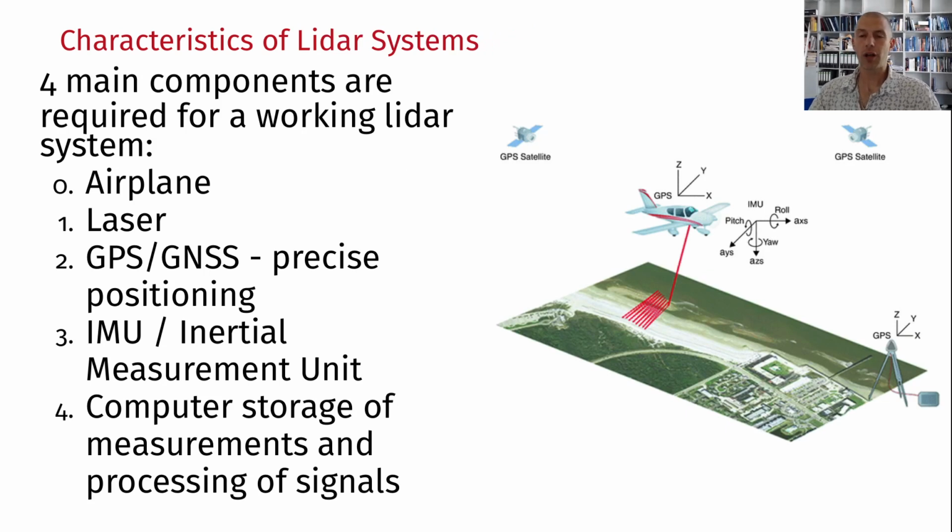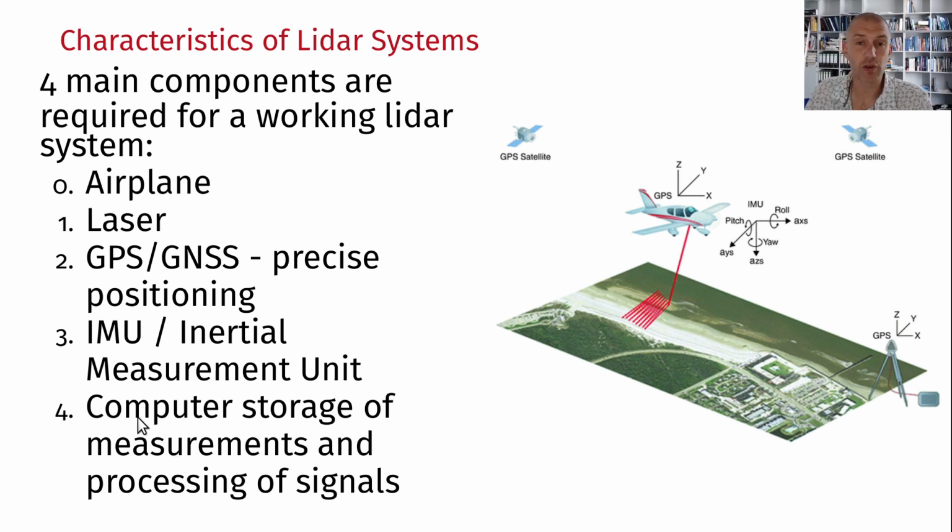Okay, let's talk a little bit about some main characteristics of LiDAR systems. I'm talking mostly about 4 points here, and I'm making the assumption that you have an airplane as part of an airborne LiDAR system. So we have a laser, we have a GPS GNSS system that allows us to get precise absolute locations, and we often have an IMU, an inertial measurement unit, that allows us to measure acceleration, deceleration, rotation, and other moving components.